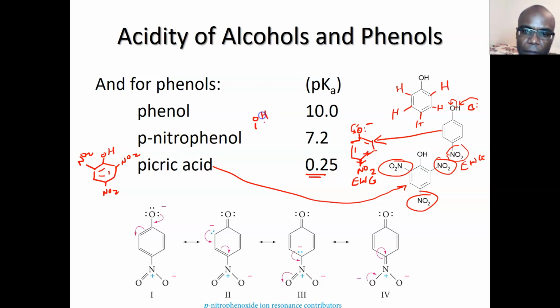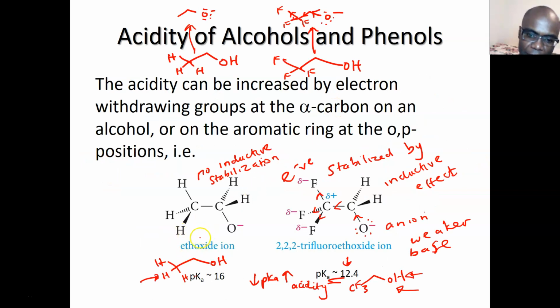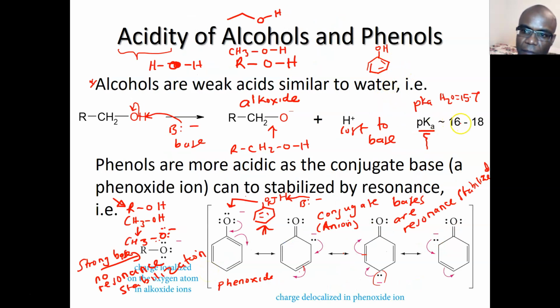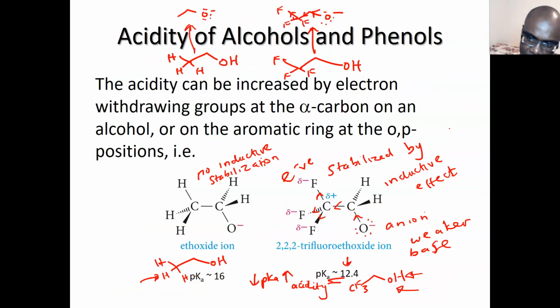So the phenol here is paranitrophenol, so only one nitro on para, and then you have your reference phenol ring. Okay, so the phenol ring has a pKa of 10. It's obviously more acidic than, say, ethanol, which has a pKa of 16, or any other regular alcohols which have a pKa of 16.